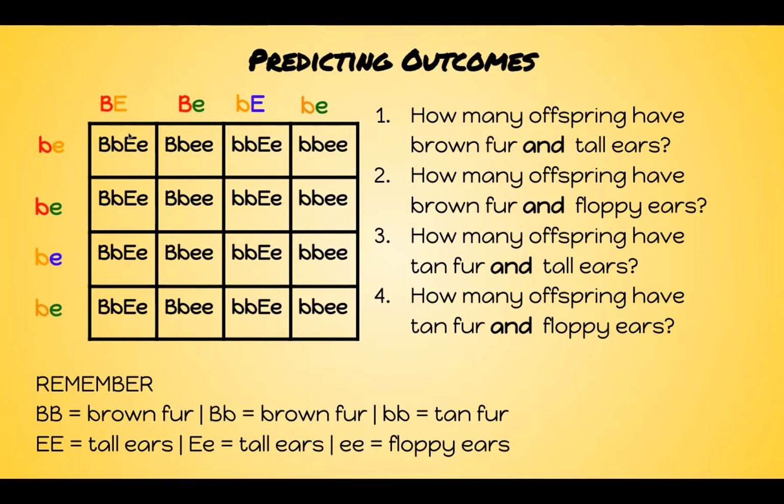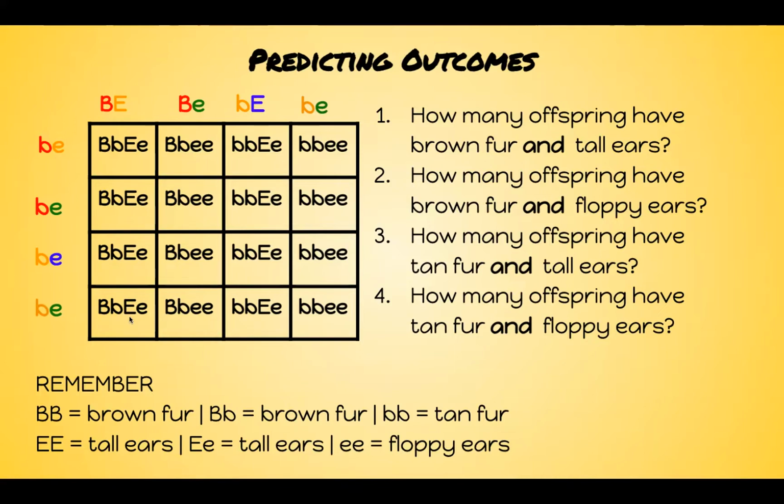These ones, this first column, remember they're all the same, so that helps. This column has uppercase B, so I know this is brown fur. And I see an uppercase E, so that's also tall ears. So I know I can count these columns because remember, these are all the same. So I know I have 1, 2, 3, 4.